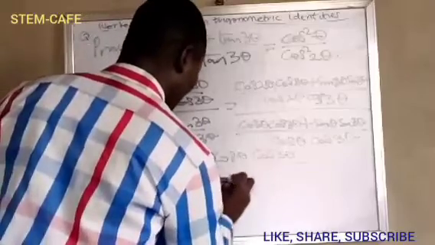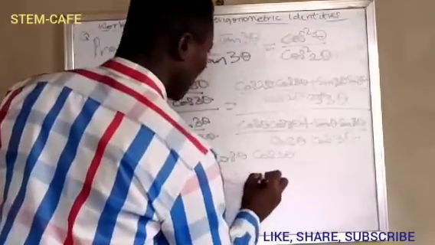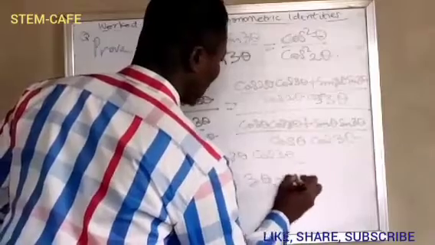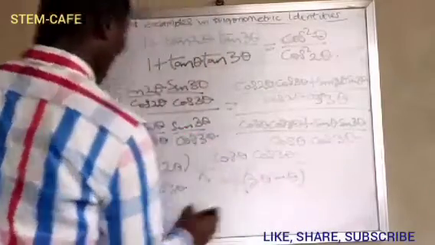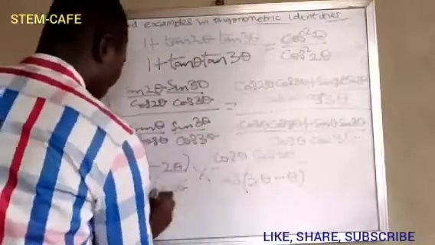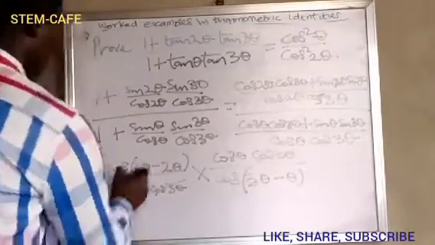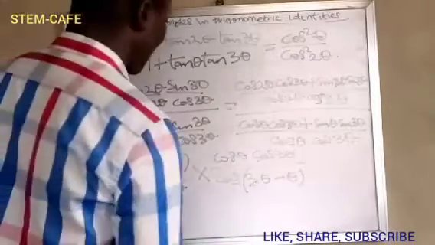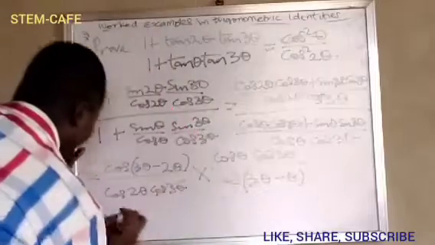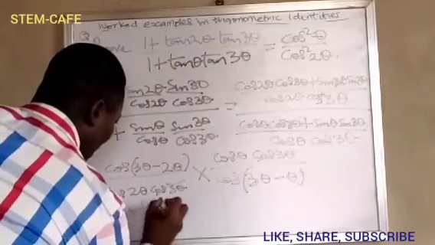So this will give me cos 3 theta minus theta. This one here, I will call this one. So cos 3 theta minus 3 theta is cos theta. So cos theta times cos theta is going to give me cos square theta.